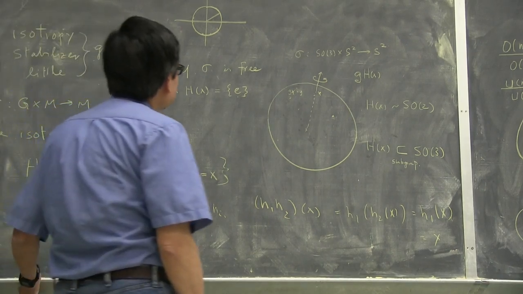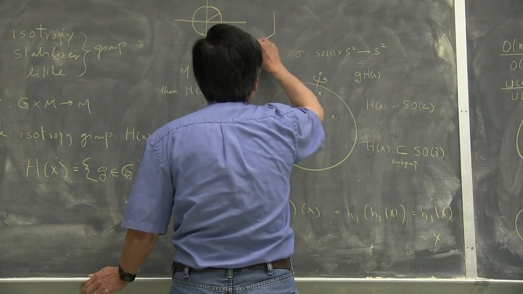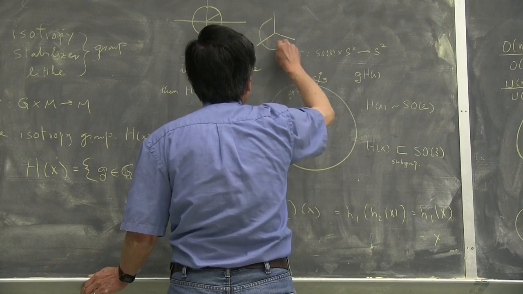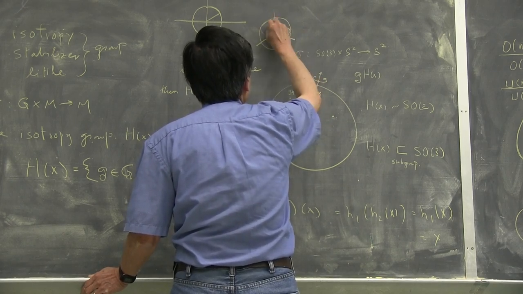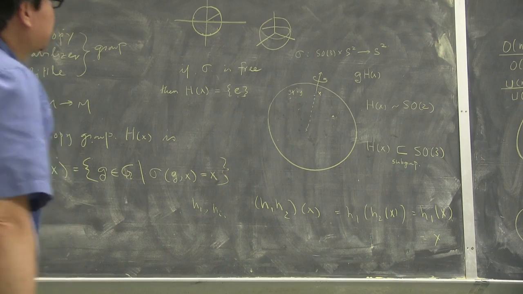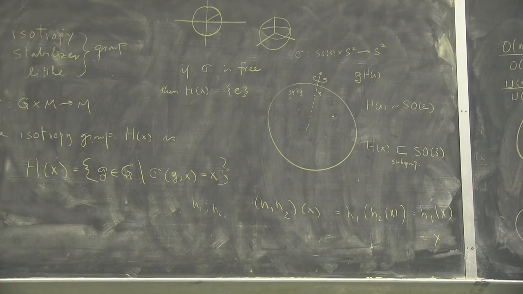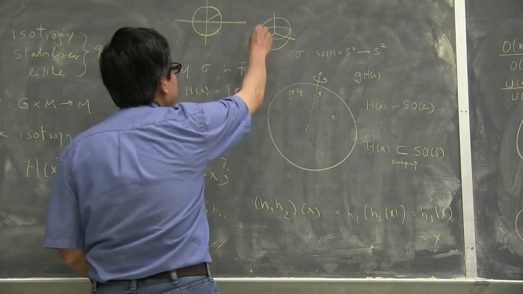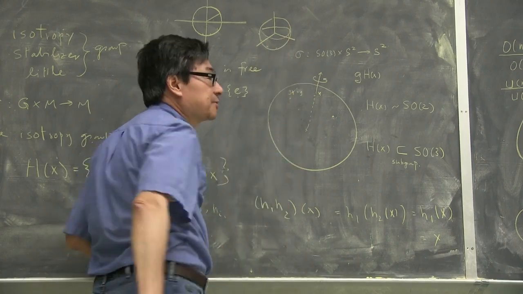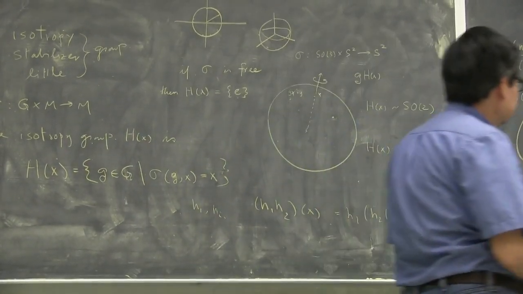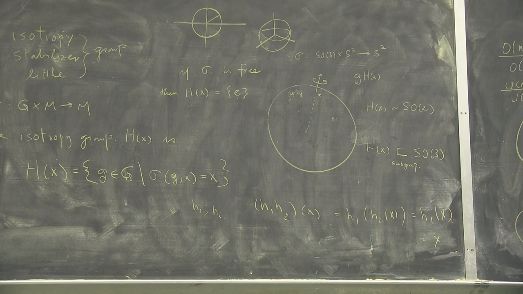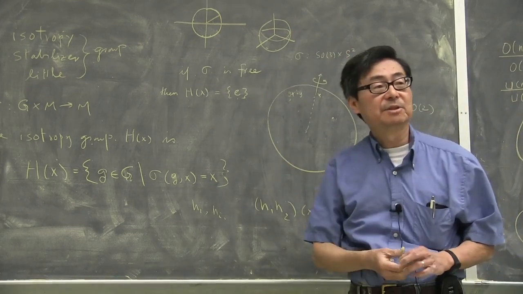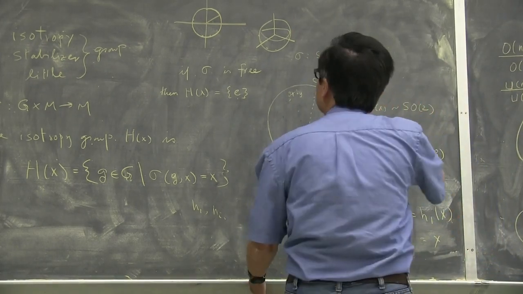Or you can think of the two-dimensional spherical surface as being immersed in R3, but the points on this surface must satisfy what condition? That x squared plus y squared plus z squared is equal to some constant. In this case, it's the radius of this sphere. So this is S2.